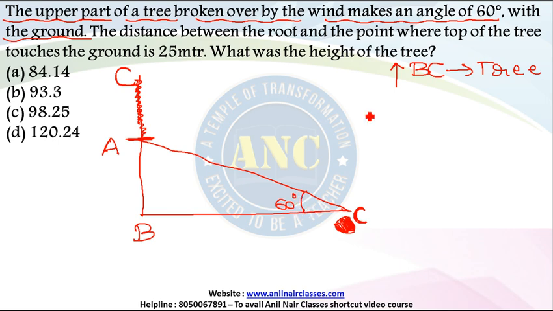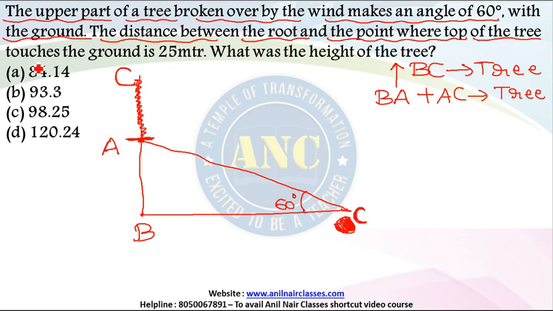That means, can I say that this BC written vertically is the entire tree, but after it is broken, the tree is BA from here to here, and A to C also is tree only. I hope you are understanding. Now the distance between the root and the point where the top of the tree touches the ground is 25 meters.